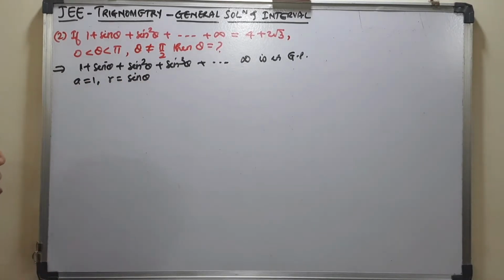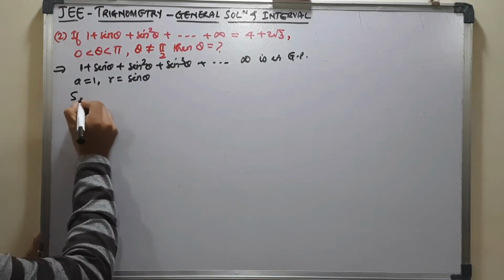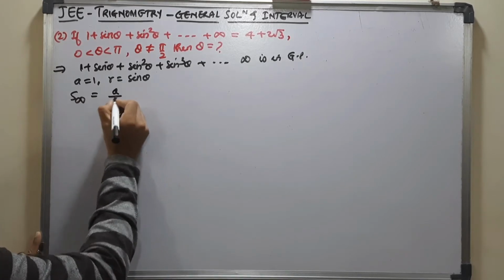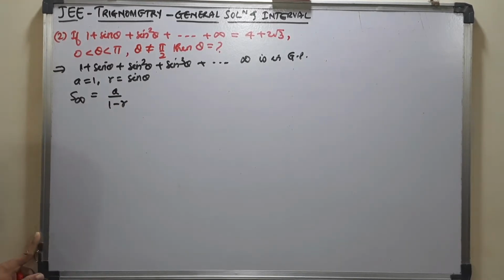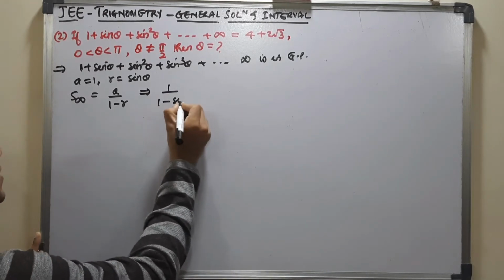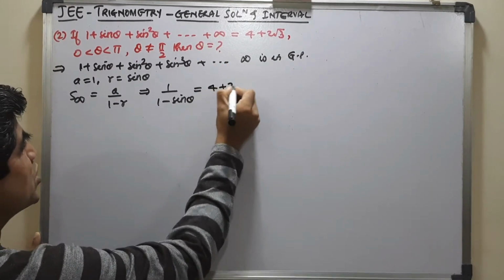So therefore the sum to infinity of a GP, that is S infinity, will be nothing but a upon 1 minus r. So that becomes 1 upon 1 minus sin theta, which is given to you as 4 plus 2 root 3.